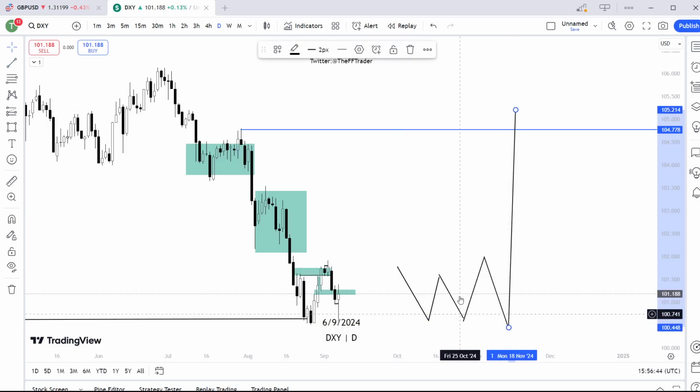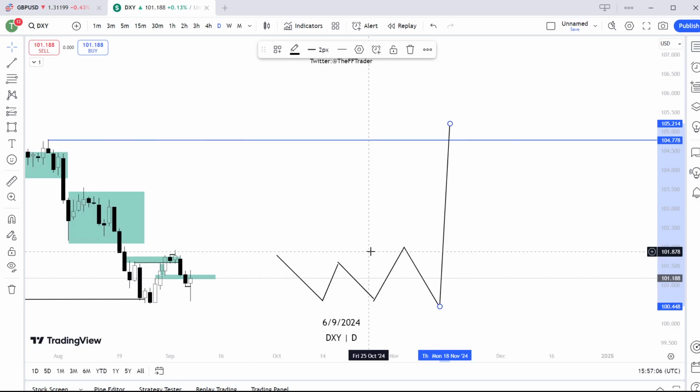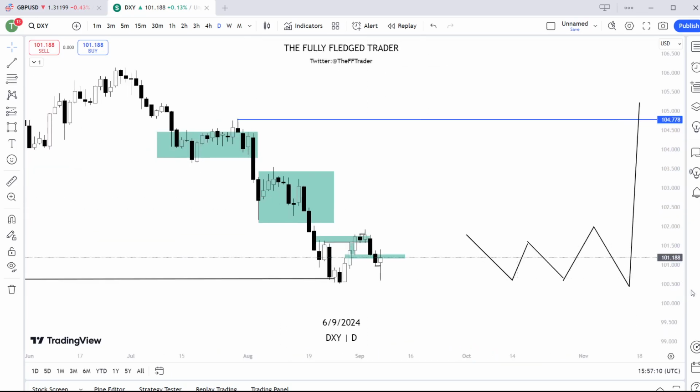That is to say, if price traded from this point to this high here and then dropped lower, clearing the relative equal lows made here, I would then be very aggressive in terms of the bullishness there. But for now, I'd like to work with the price action that I have here.